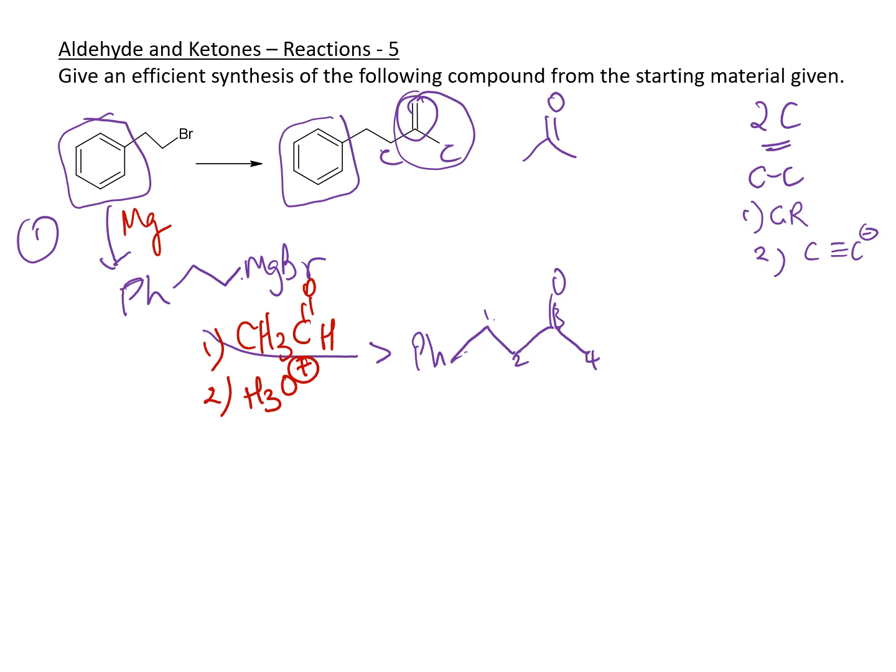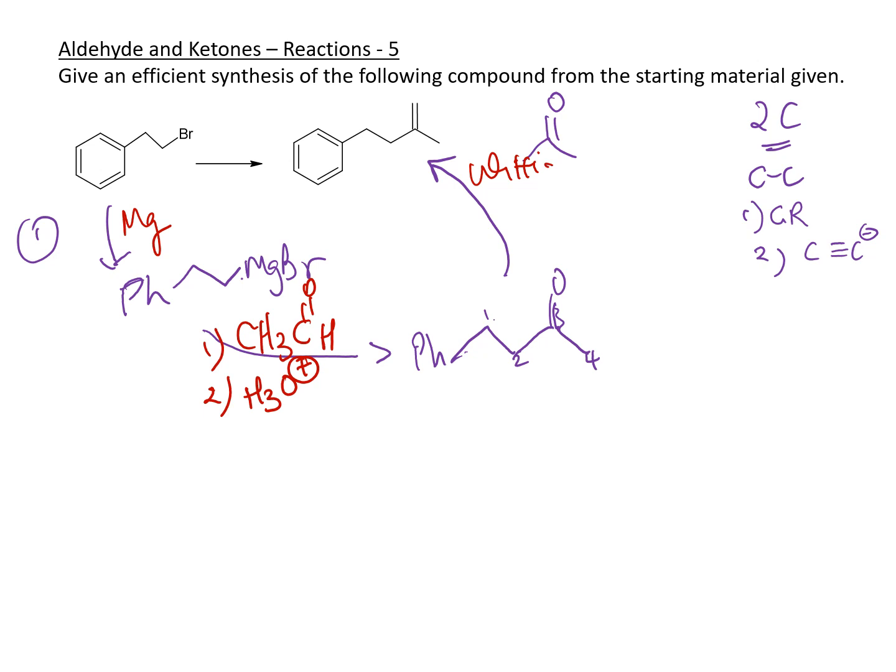So now once I have my ketone, I need to just go ahead and replace that oxygen with a carbon, and the only way to do that is by Wittig. The last reaction is going to be a Wittig reaction, and in that Wittig reaction I need only 1 carbon, right?